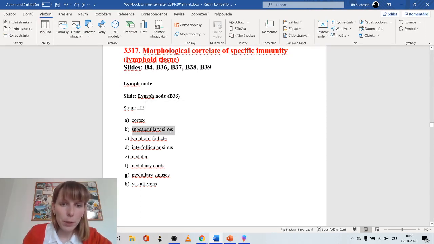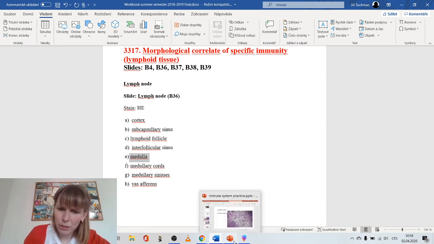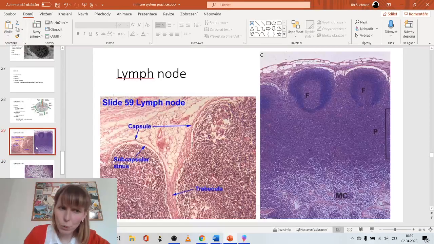We saw the subcapsular sinus, the empty space just below the capsule. We saw the sinuses going between the follicles into the middle, into the medulla, and in the medulla we saw cords of cells and between them empty spaces for the flow of the lymph, the sinuses. Vas afferens would be the lymph vessels that you find in the capsule. I wouldn't worry about them too much.